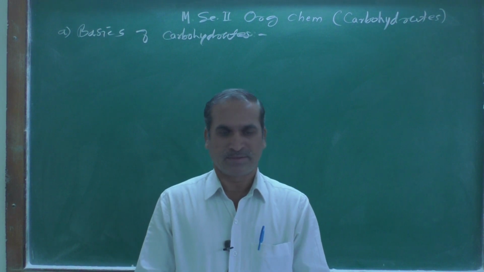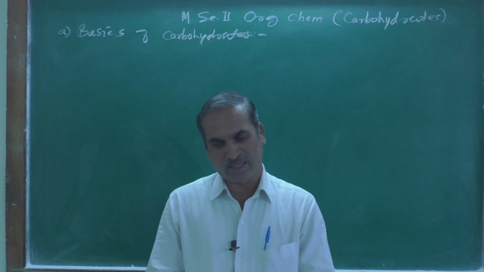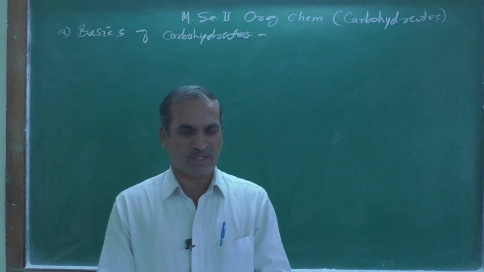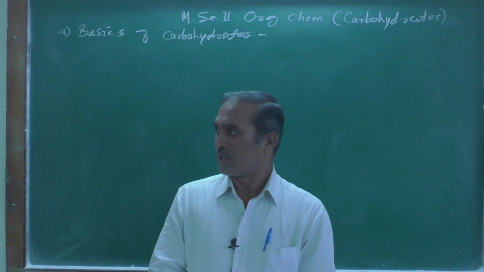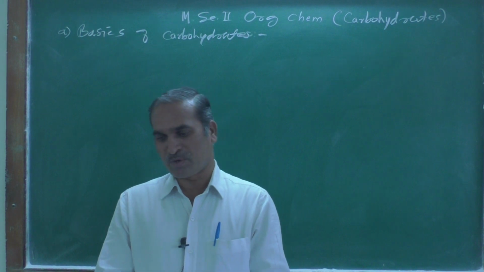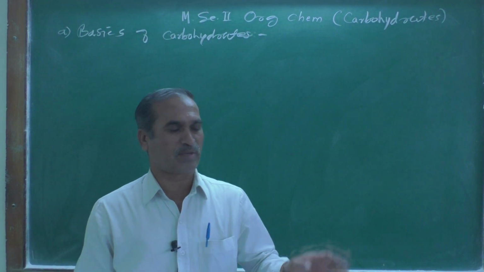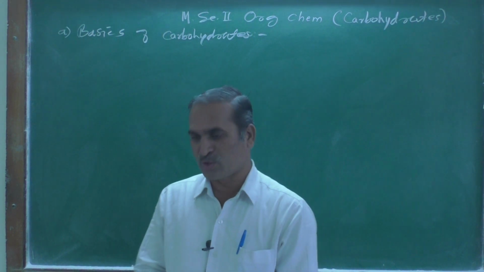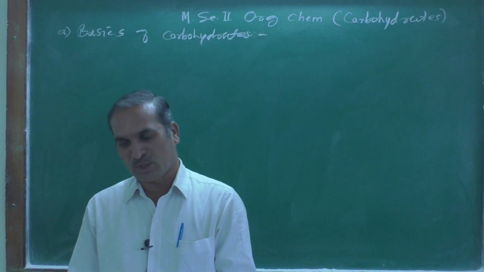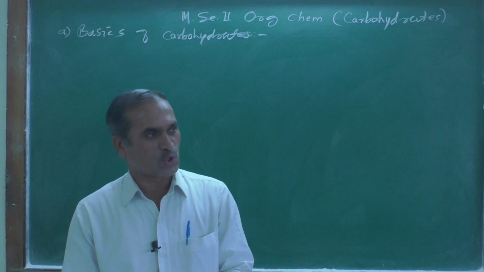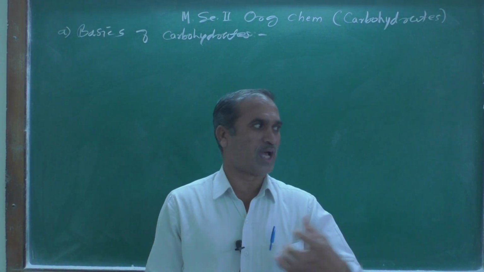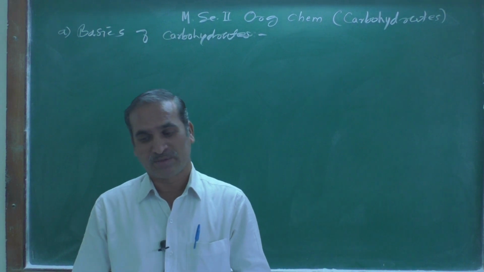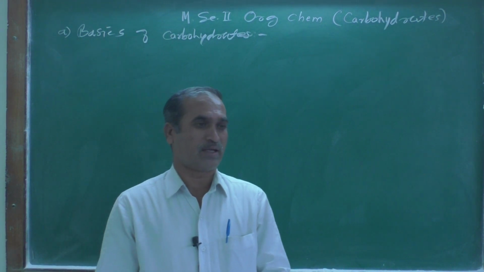That type of compound is called a carbohydrate. Yesterday we saw how to remember carbohydrates, starting from triose, tetrose, pentose, hexose, and how to derive them using a trick that we learned yesterday.